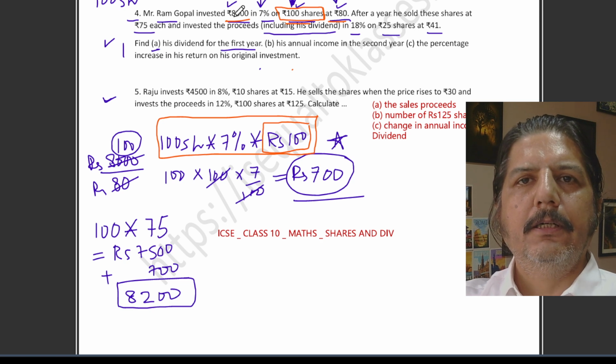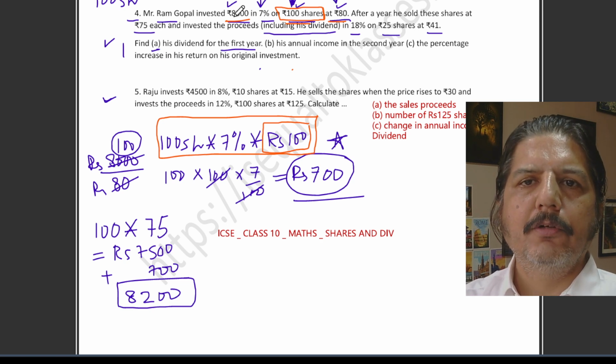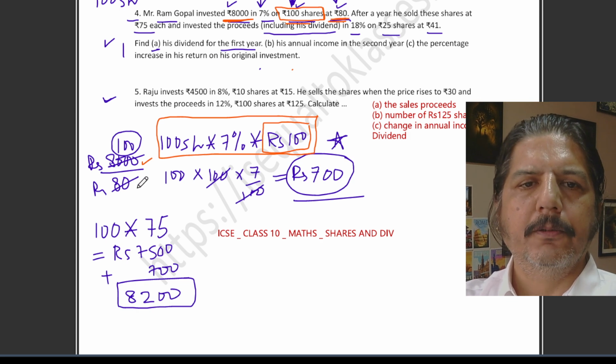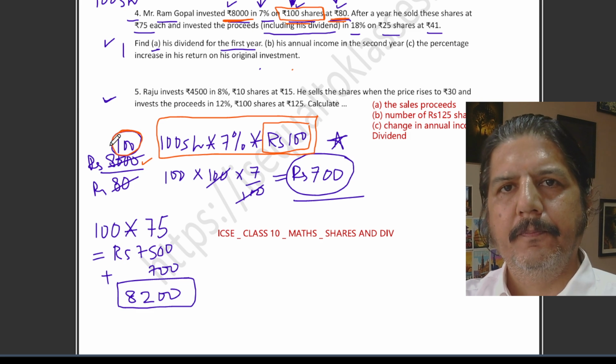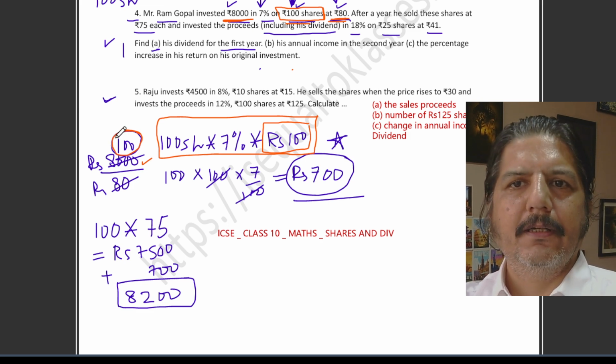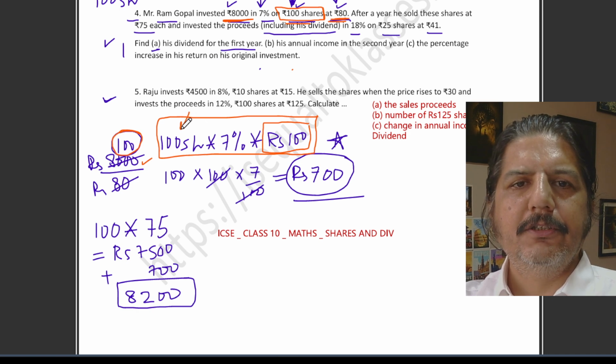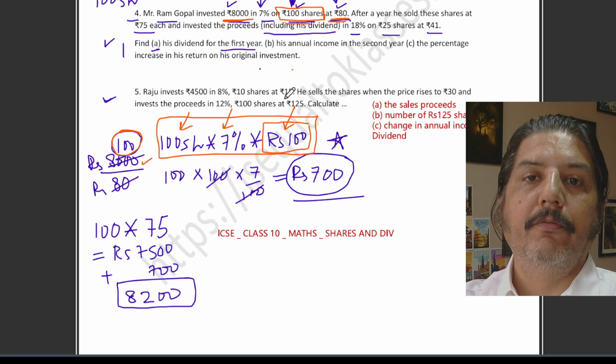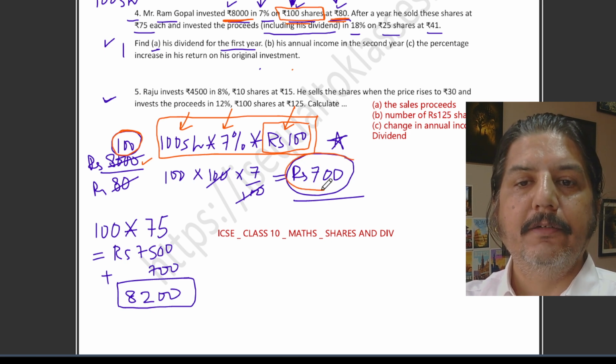For calculating the number of shares, what we need to do is his investment upon the market value of each share. So this 100 is the number of shares that he has bought. I hope this is clear. So these 100 shares, each share got a dividend of 7%, and the dividend would be on the face value. So we calculated the dividend.